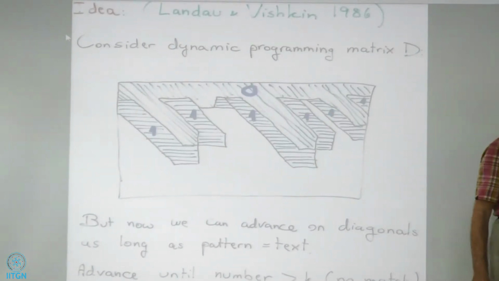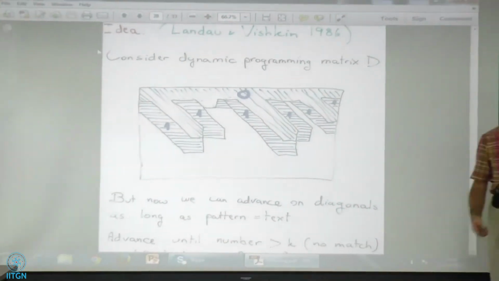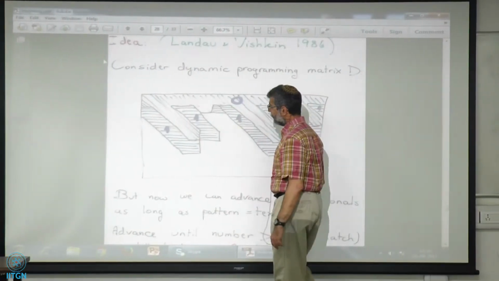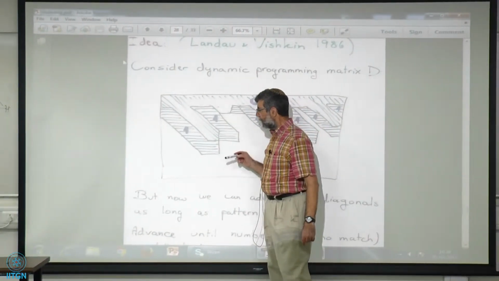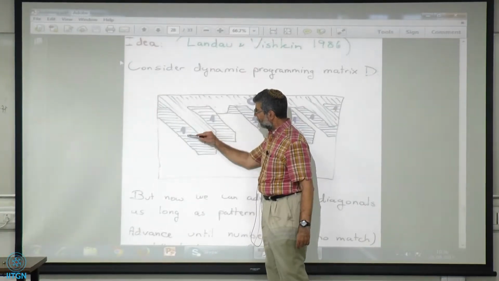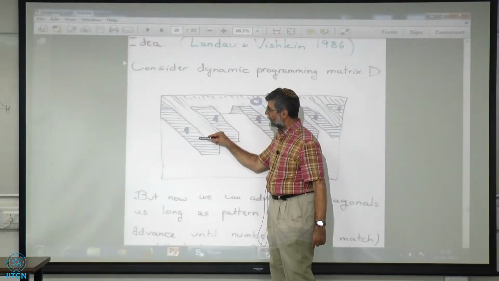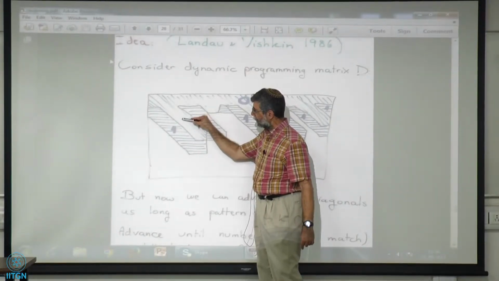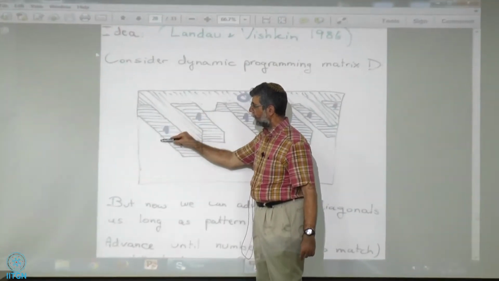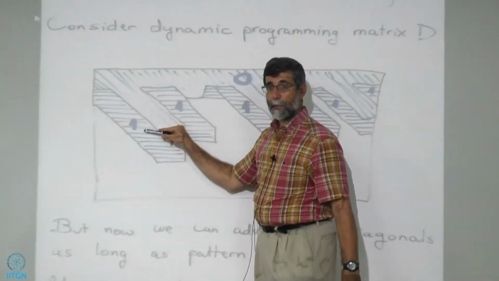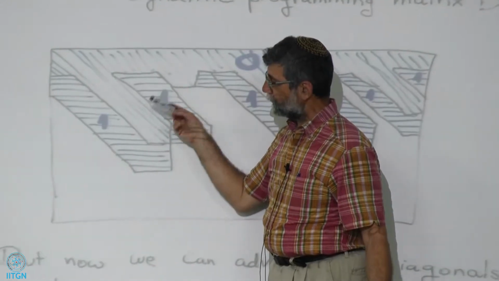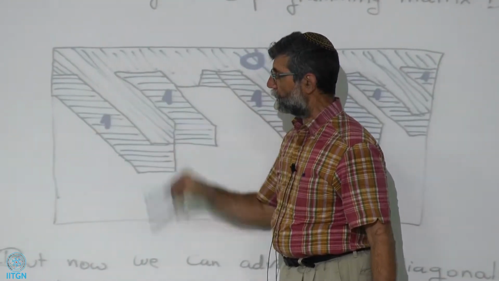However, there's something else that happens in this dynamic programming matrix. What happens is that in order to compute whatever was written here, I take the minimum of what was here, and what was on the left. I take the minimum of them and add 1. Okay, so in order to compute this one, I need to know these 3.